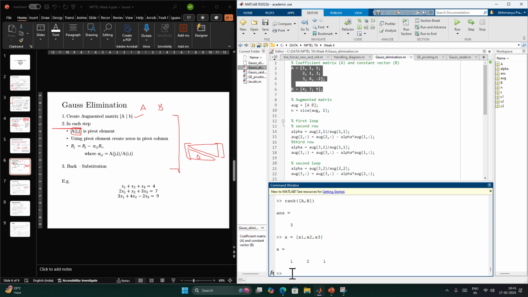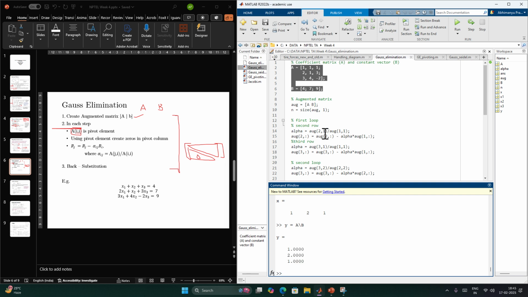Now if I use the backslash operator, I'm getting the same answers: 1, 2, 1.